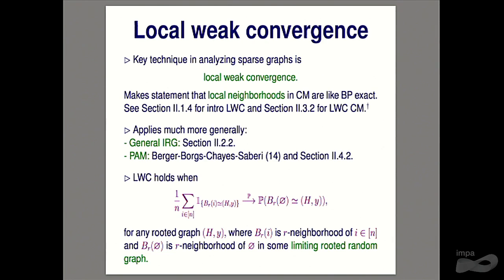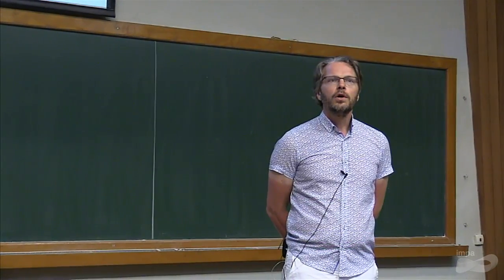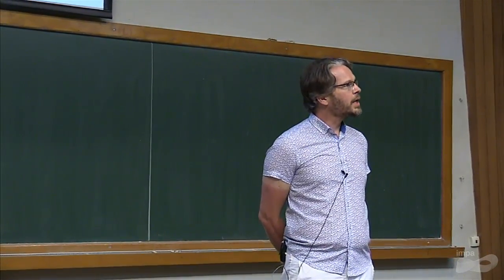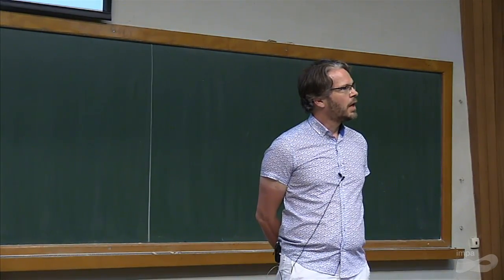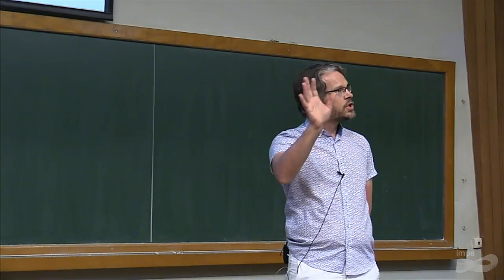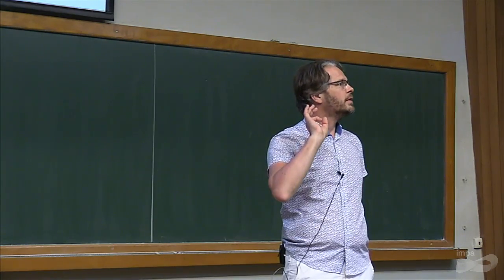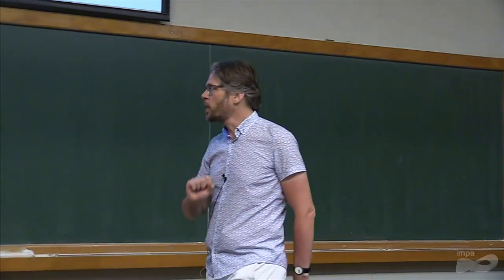Well, let's first try to see why the neighborhood in a configuration model should be related to a branching process in the first place. This branching process in the very first step will still be dependent on n. But that's okay.